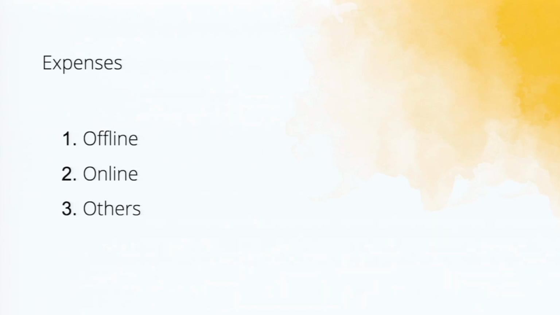That's an offline expense. Then there are online expenses. You go to Amazon.com, buy something, and then you get a receipt. That's an online purchase. And then there are other types of expenses. It could be recurring, or various other types where you may or may not have a receipt out of the box.